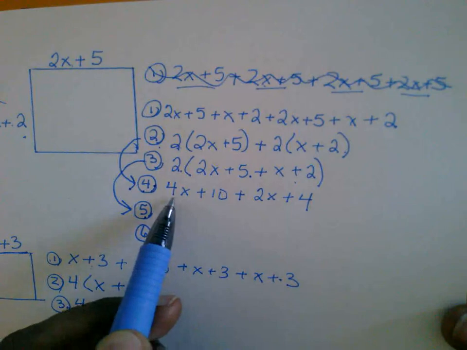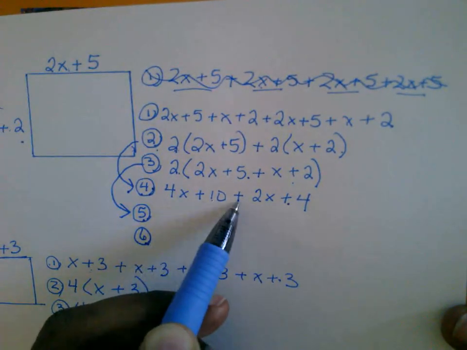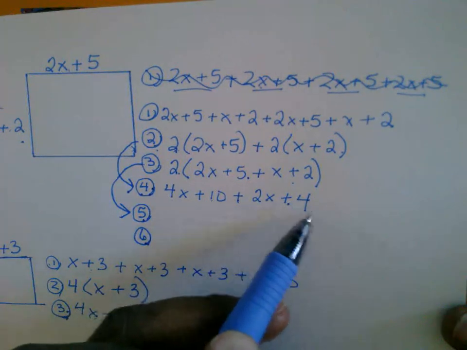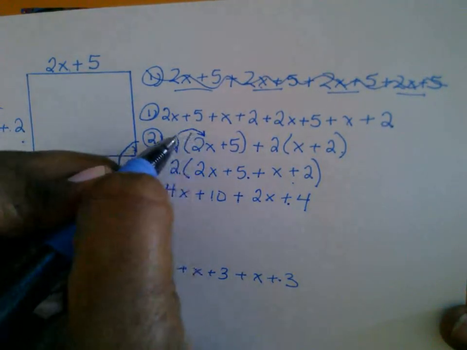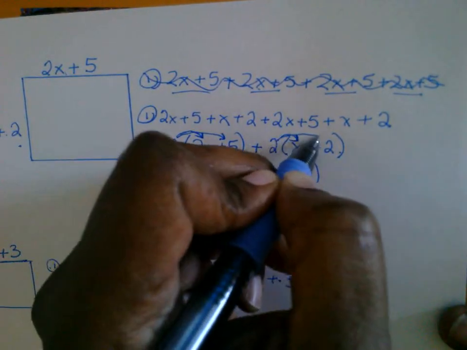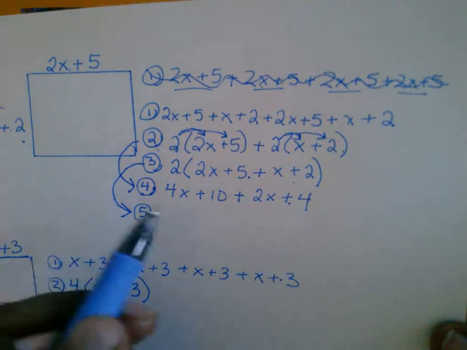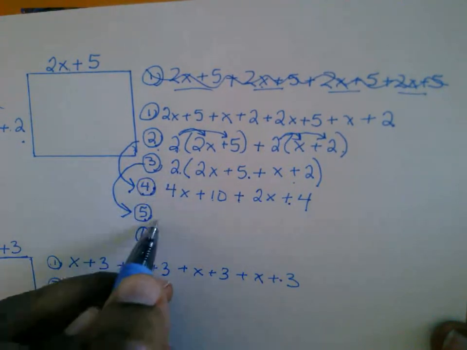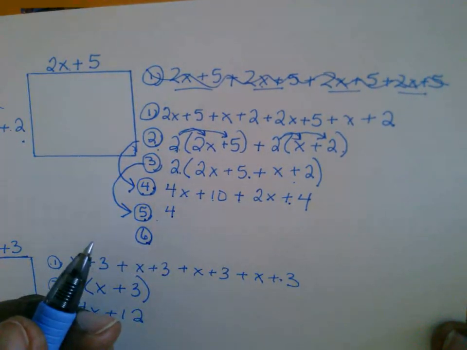All right, so here's what I have for number 4. 4x plus 10 plus 2x plus 4. And a lot of times, mathematicians will forget to distribute to both items in the parentheses. So do not forget to distribute to both items in the parentheses here. And then for number 3, for 5, I'm going to end up with the same expression.